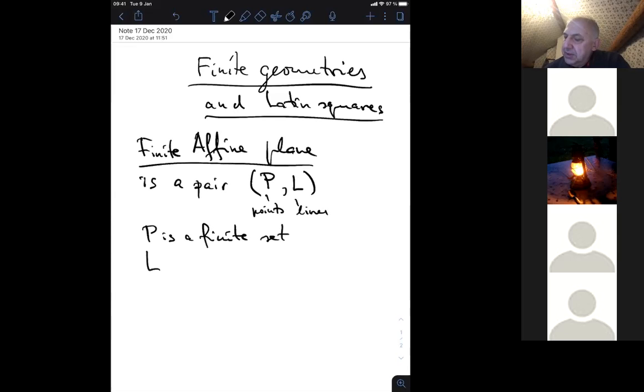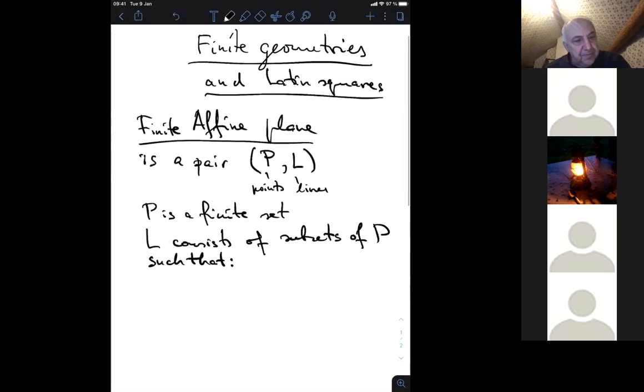L consists of subsets of P, such that certain axioms have to be satisfied.